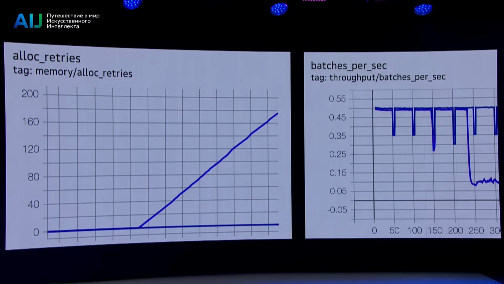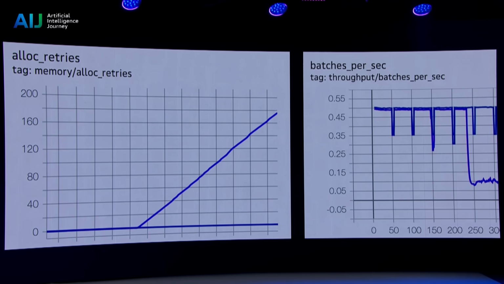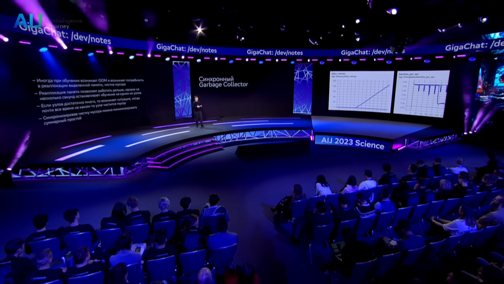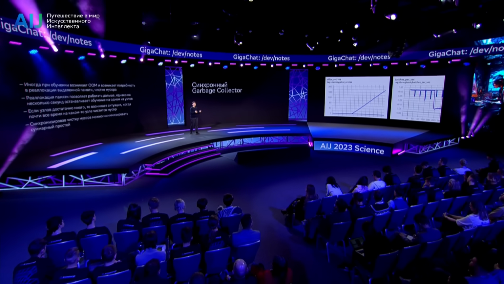On the diagram, you see that this slows down by 5 times in extreme scenarios. If we clean up the waste arbitrarily, whenever the video card wants it, the training slows down by 5 times. We also see the diagram for increasing attempts to reallocate the memory because it is occupied.